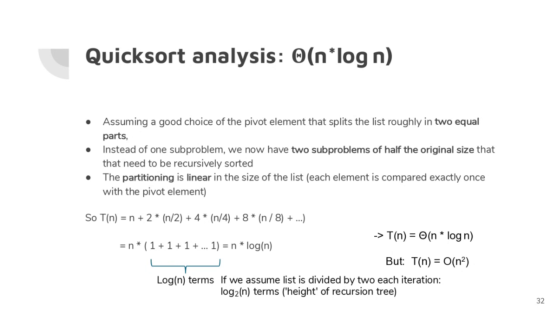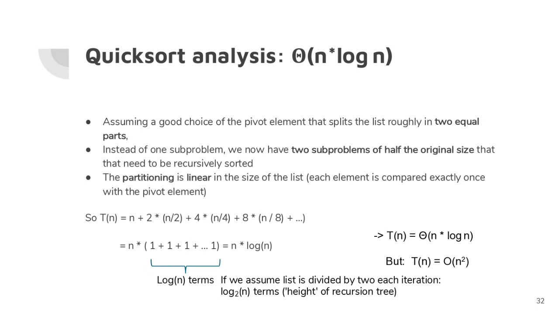And then the next term, we're going to again recurse over that, and instead of 2 sublists, we now have 4 sublists, but each sublist is roughly 1/4 of the size of the original list. And we continue with 8 sublists, each 1/8 of the original size, and so on. If you rewrite that, it's n times (1 + 1 + 1 ...), but the number of terms you have is logarithmic.